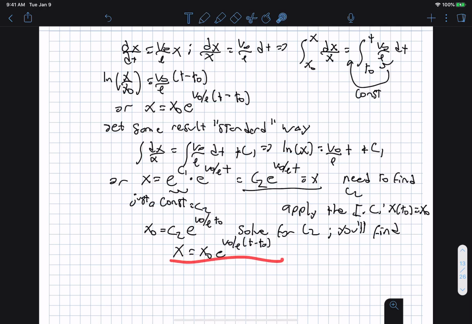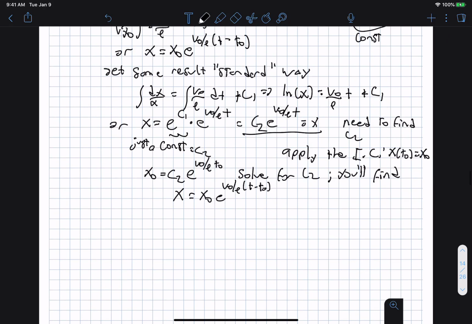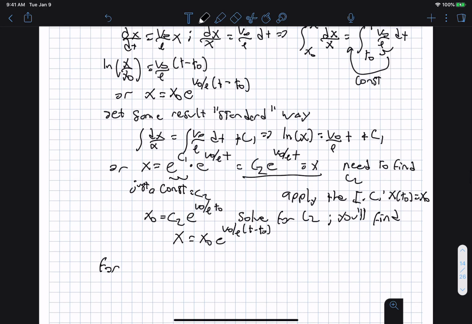Same as above. Okay, and you can do this trick here if the differential equation is separable. You cannot do it for any other differential equation. Okay, and then for the y equation, let me underline this.